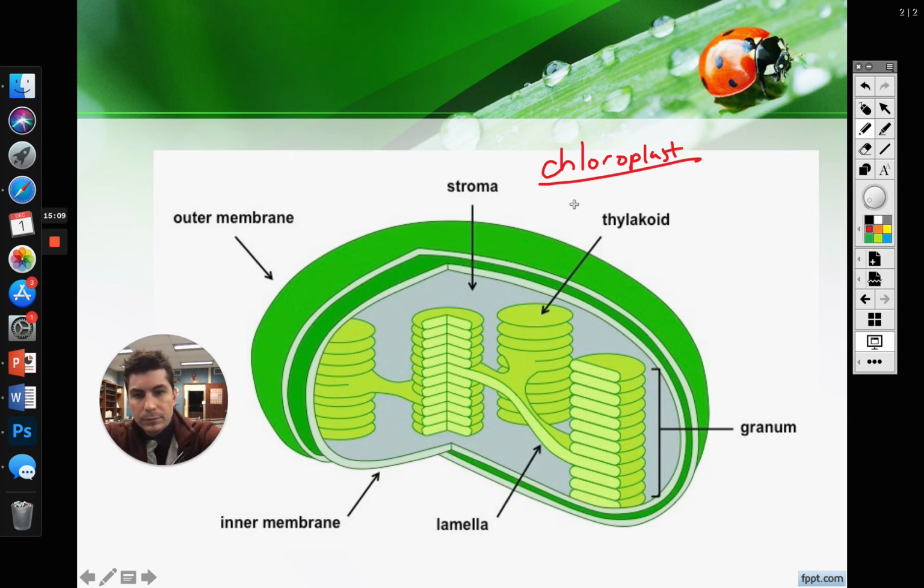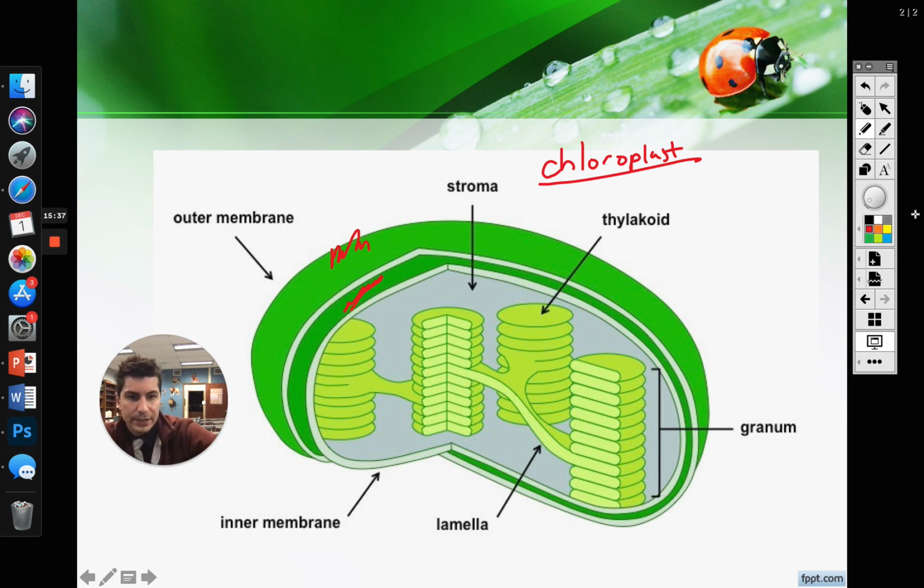Now, I'm going to draw another picture here, and I'll label this, and then we will call it a day here. I'll let you guys go. But we talked about the endosymbiotic theory in chapter 4, how the chloroplast was probably once a somewhat kind of prokaryotic cell. If you look here, we have an outer membrane right there. We have an inner membrane right there. Okay?